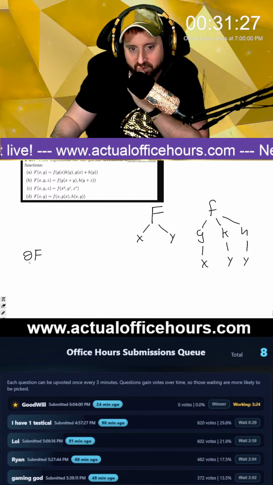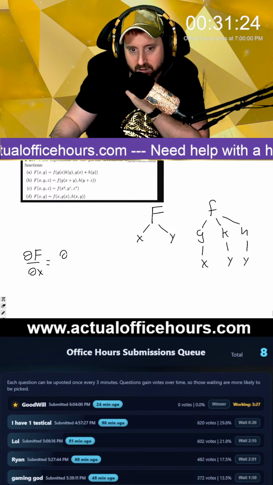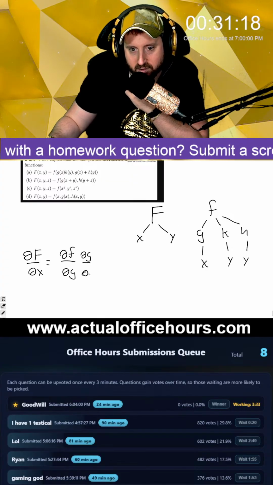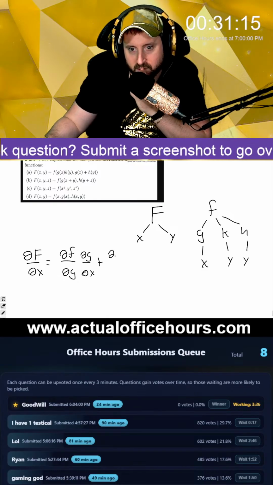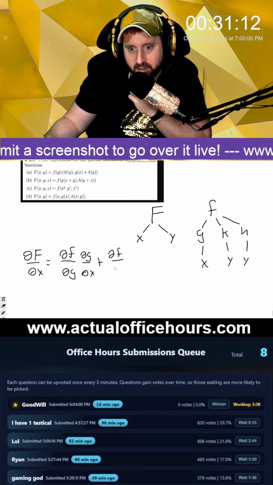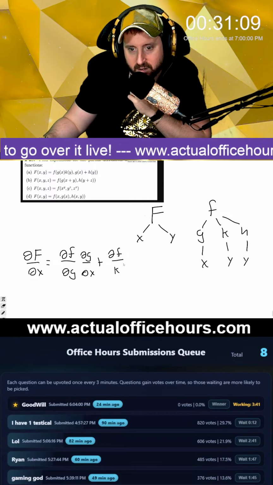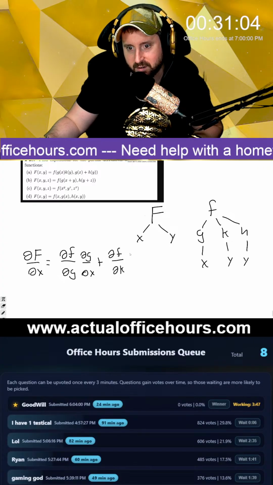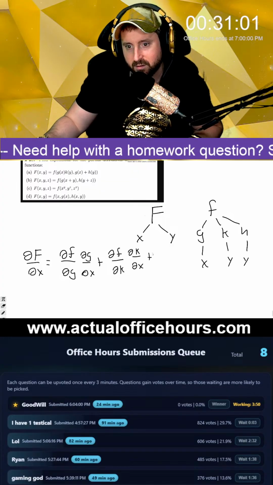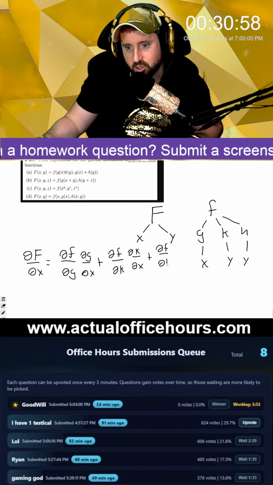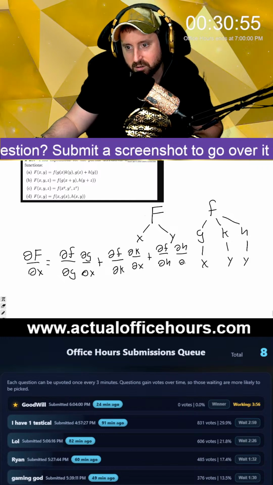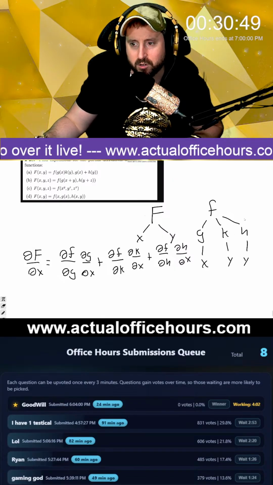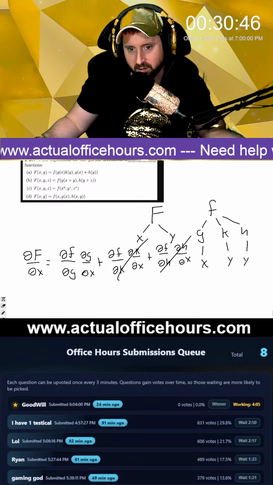It's something like df/dx is equal to df/dg dg/dx plus df/dk dk/dx plus df/dh dh/dx. That's how you do this. But then k is only a function of y and h is only a function of y, so don't these go away? So you're just left with this.